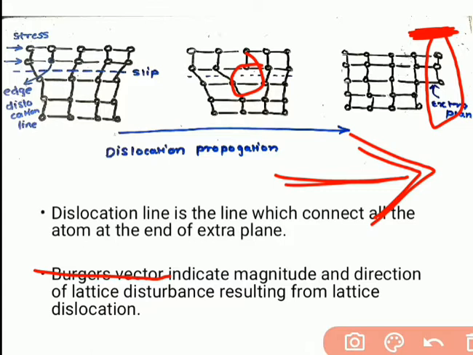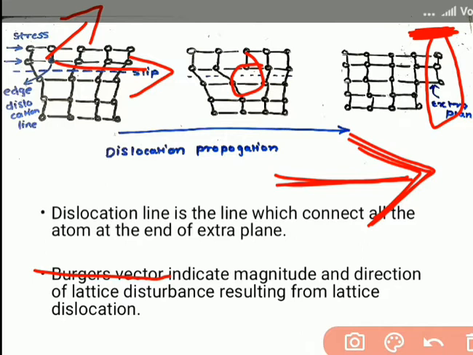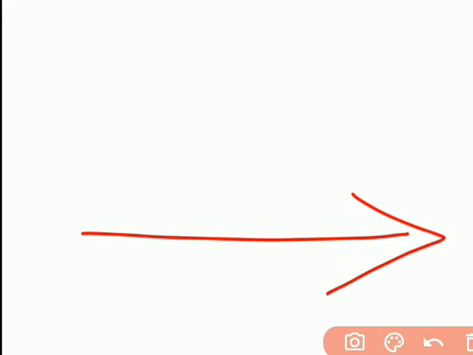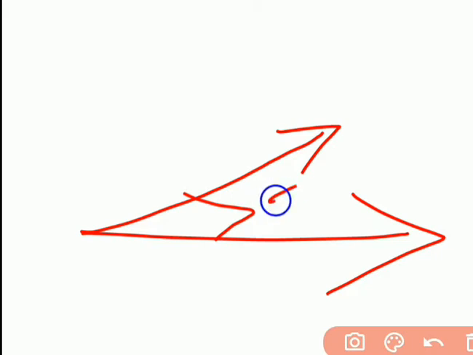So what is slip plane? Again we need to understand, slip plane is the plane which contains both Burgers vector and dislocation line. Here you can see this is the direction of Burgers vector, and in the inward direction, at 90 degrees to the Burgers vector, we have our dislocation line.